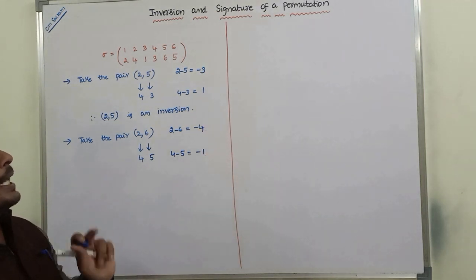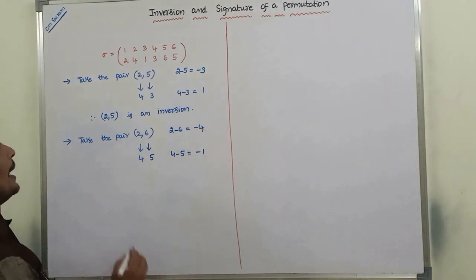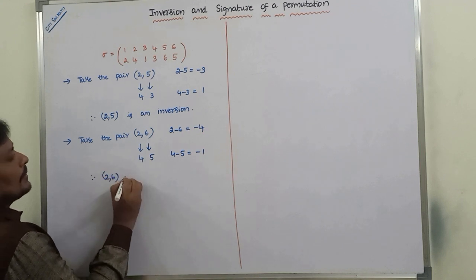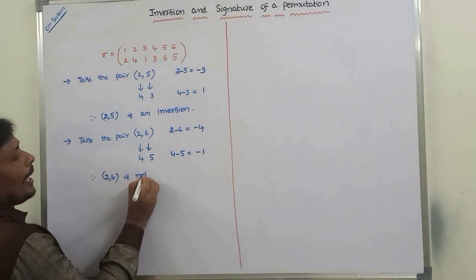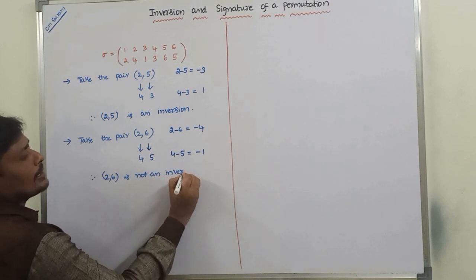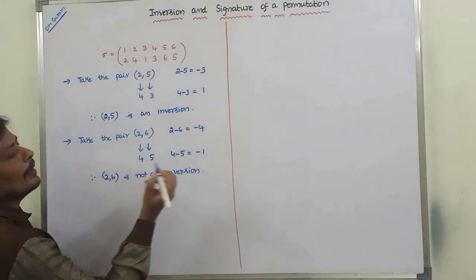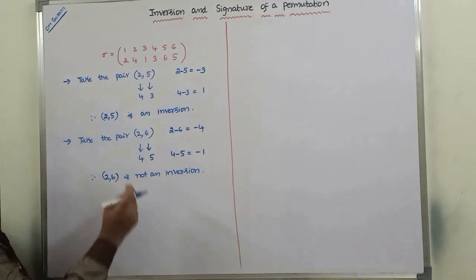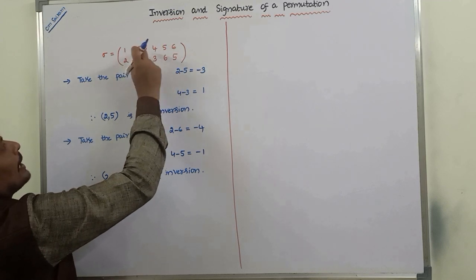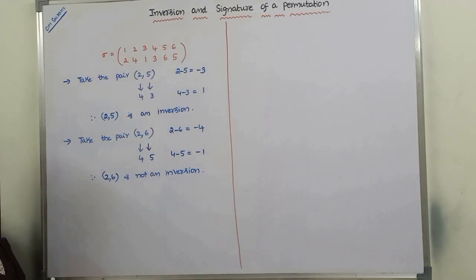Both are containing the negative result. So therefore 2, 6 is not an inversion because 2, 6 is a regular pair. Okay. So now 2, 3 completed, 2, 4 completed, 2, 5 completed, 2, 6 completed.